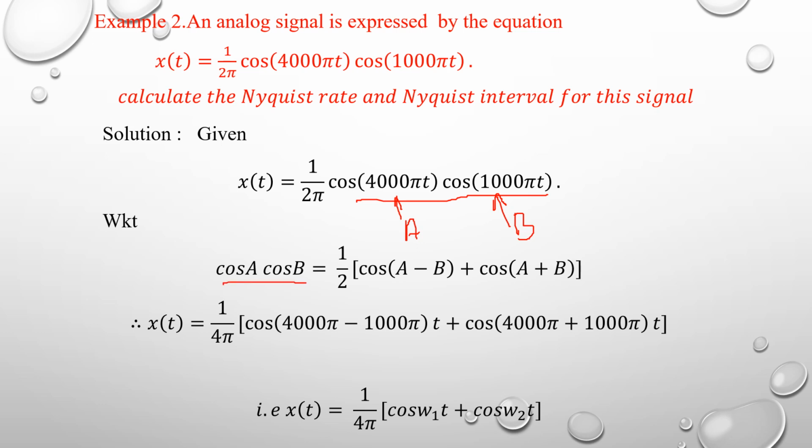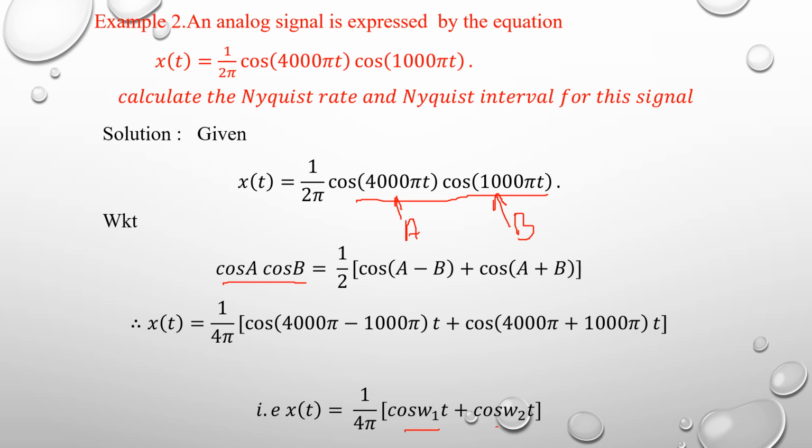Therefore x of t is equal to 1 divided by 4 pi into cos (A minus B), where A is equal to 4000 pi t and B is equal to 1000 pi t, that is, cos of (4000 pi minus 1000 pi) into t plus cos of (4000 pi plus 1000 pi) into t. So x of t is equal to 1 divided by 4 pi into cos omega 1 t plus cos omega 2 t.